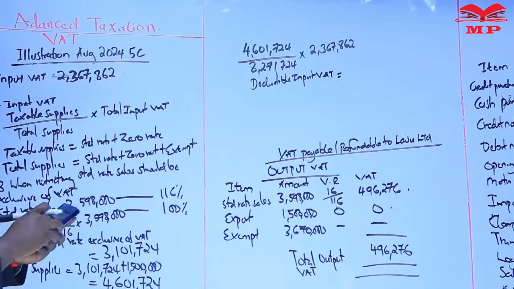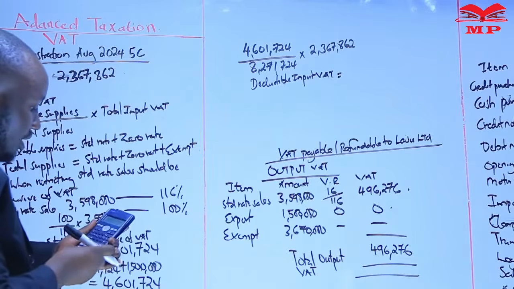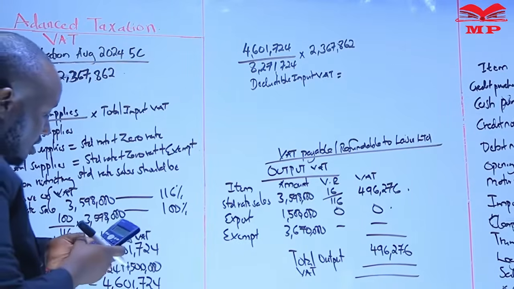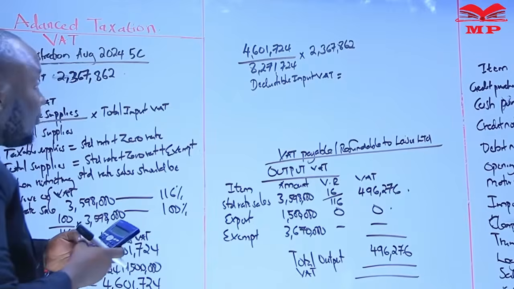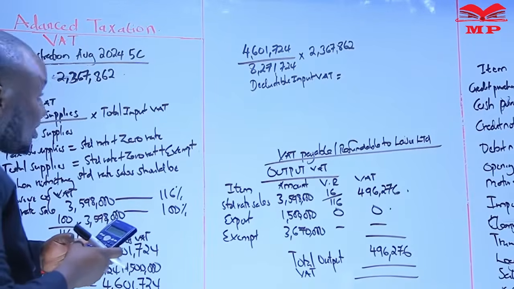So we have a figure of 4,601,724 divided by 8,271,724.